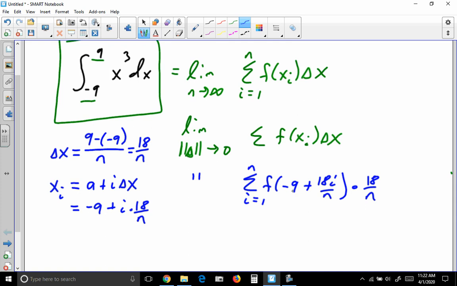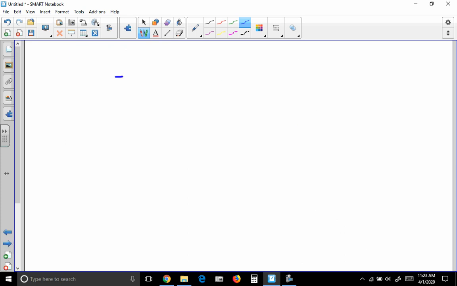So in order to evaluate that function at our x sub i, we're going to plug that in for x, and we're going to cube it, which is going to be a little bit aggravating. So I'm going to take a moment and go to another page, and let's take -9 plus 18i over n.